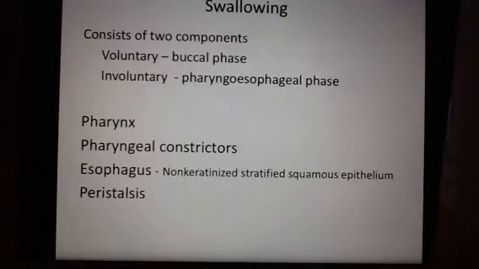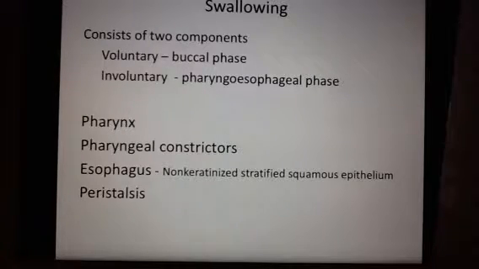And so the pharynx section of that is where we stop our breathing for just a second so we don't choke. And then the esophagus part is where we see the beginning of peristalsis.